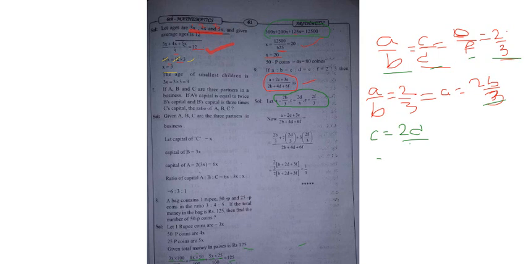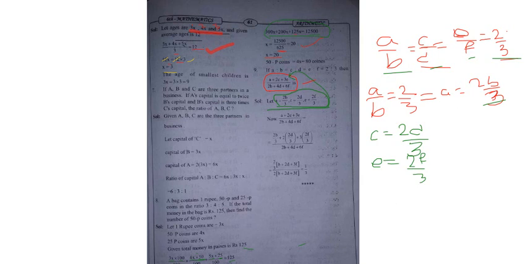So finally we got the values of A, C and E. Yes or no? We got the A value as 2B by 3, the C value as 2D by 3, the E value as 2F by 3. These are the values. Now if we substitute these in the given question, can we get the answer?